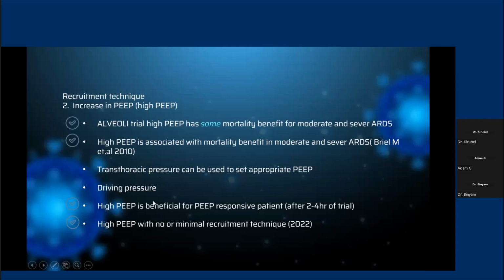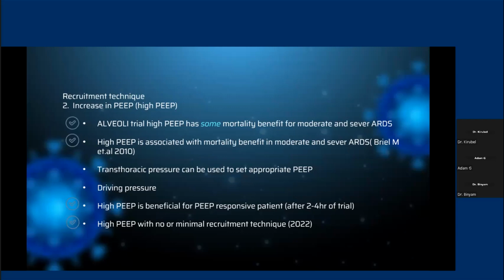After setting the patient on high PEEP, if the patient is not tolerating it, not responding, or oxygenation is not improving, they should be put back down to the lower PEEP range, because higher PEEP is associated with its own complications, like cardiovascular complications and barotrauma. If they are improving, in PEEP-responsive patients, we can keep them in the higher PEEP range.